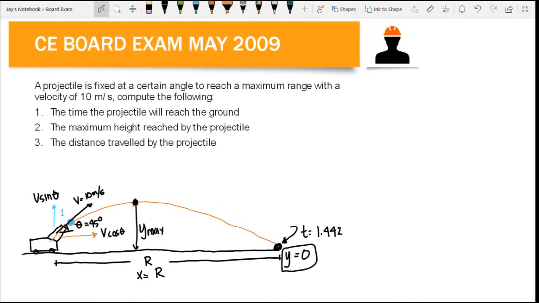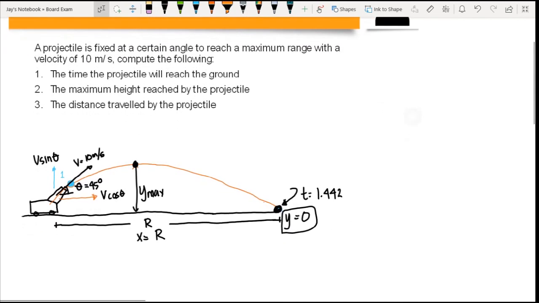For the third question, we are asked to compute for the distance traveled by the projectile. So basically, we will be computing here the maximum range. Now take note, at this point, at the maximum range, the time is 1.442 seconds. So we have this one computed from the first question. Okay?